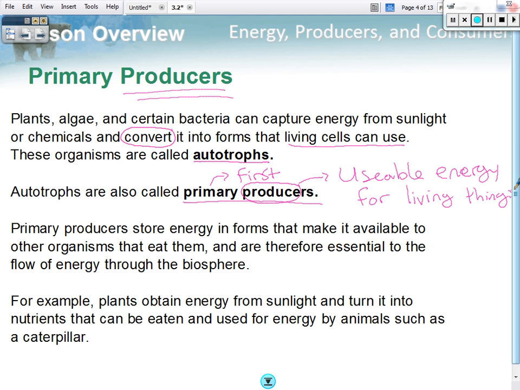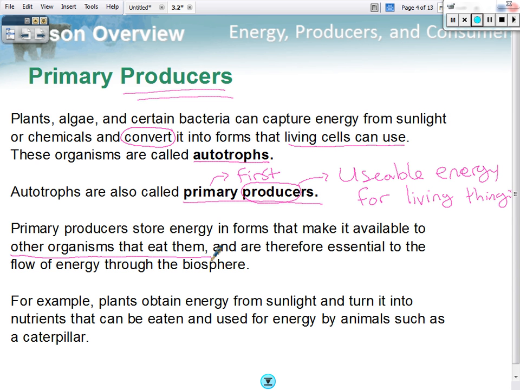They're taking the energy from the sun and converting it so it's usable. The other nice thing about producers is this storage ability. They are also living things, and living things that take in energy need to be able to store it and hold on to it. And so when producers are storing energy, other organisms are able to eat them, and that is where the energy flow starts.